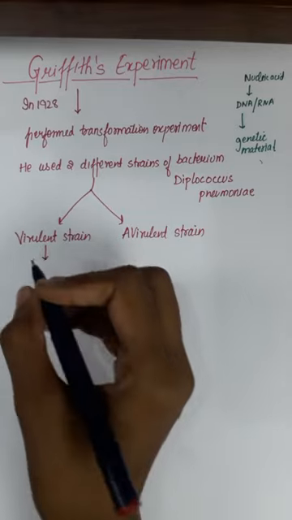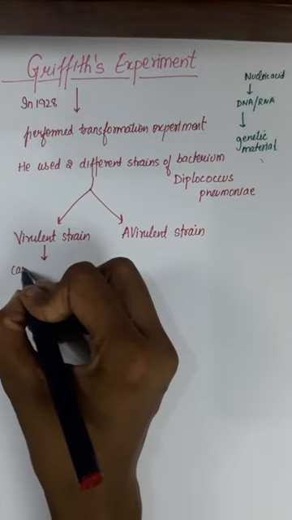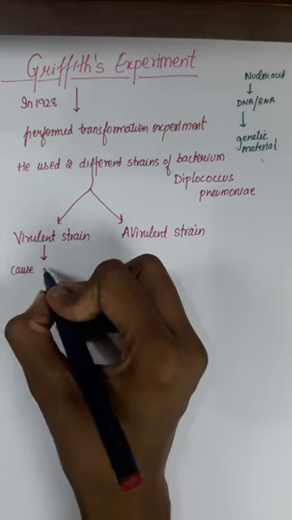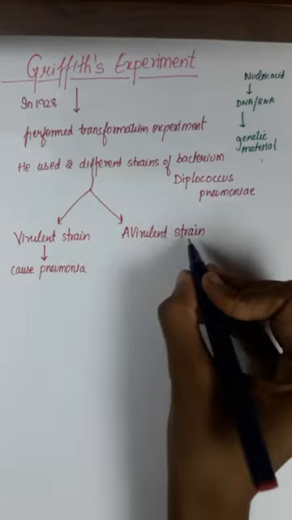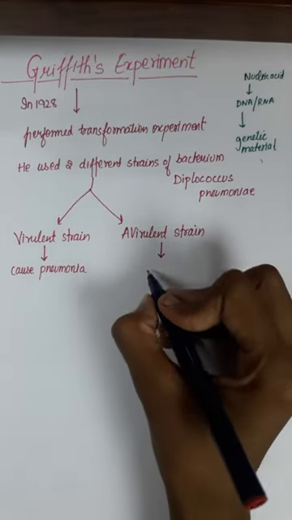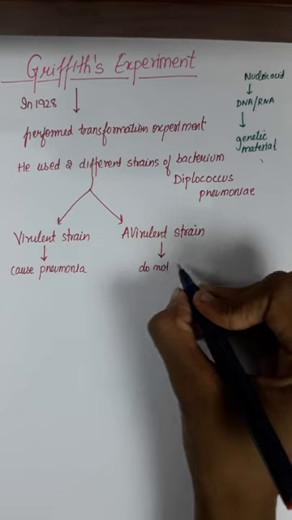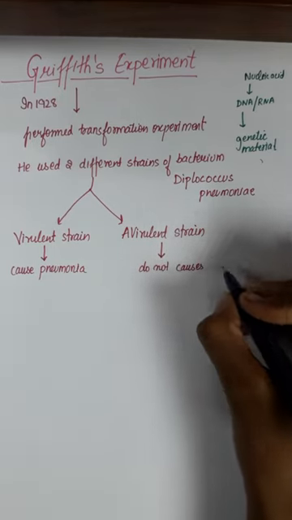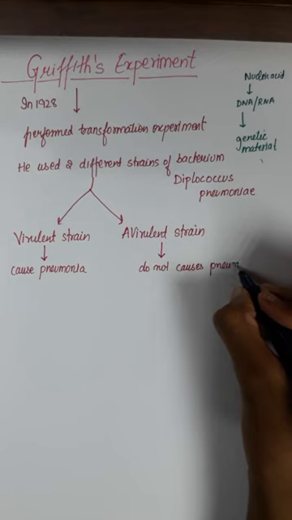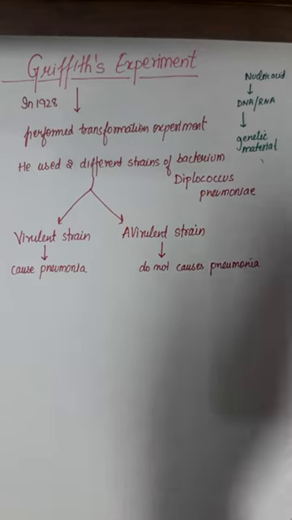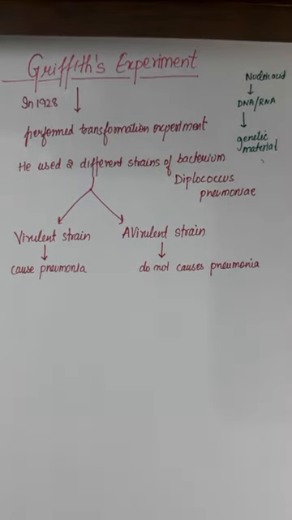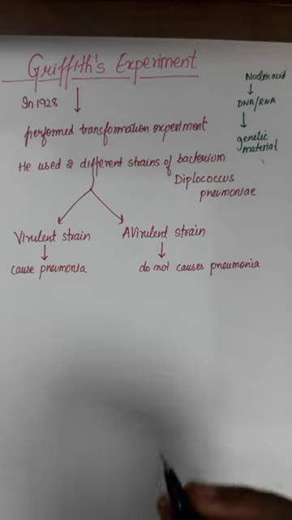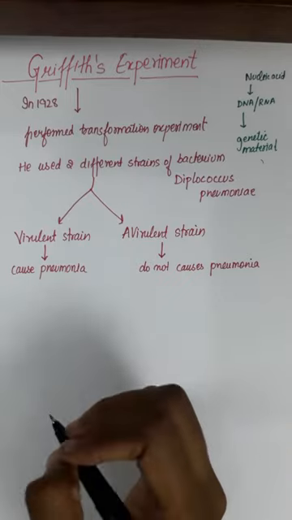Virulent strain causes pneumonia and avirulent strain does not cause pneumonia. What is the difference in virulence? The difference in virulence is related to the polysaccharide capsule of the bacterium.